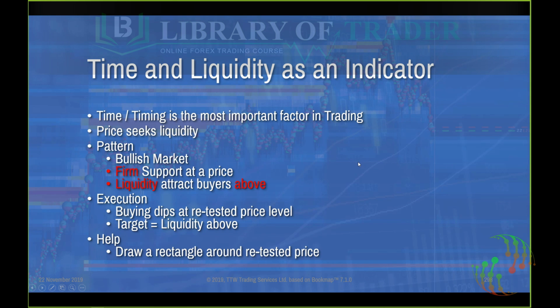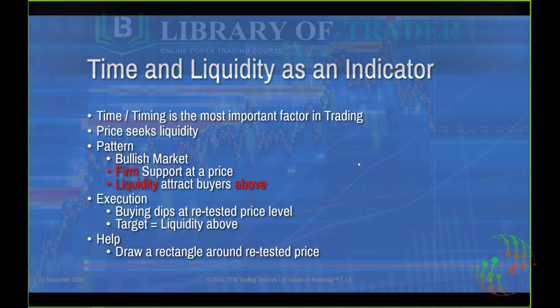An extremely important point is that we have to use time and liquidity as an indicator. It's absolutely reliable. Maybe we are not used to working that way. But as I said, time, price, and volume are the trinity of trading.